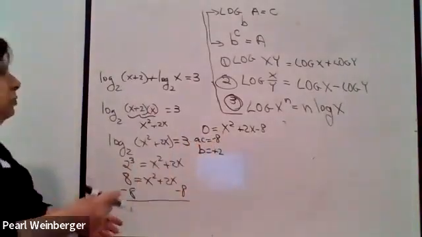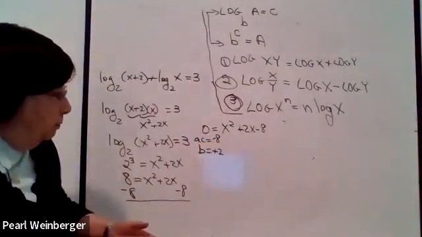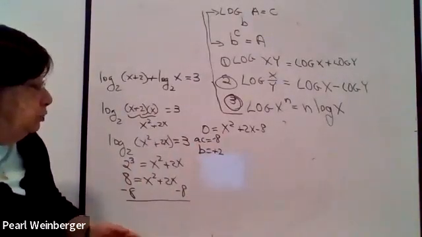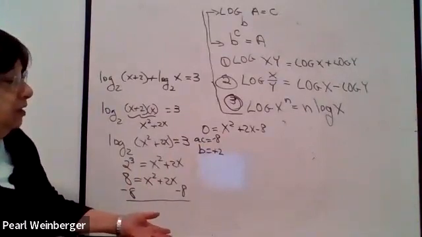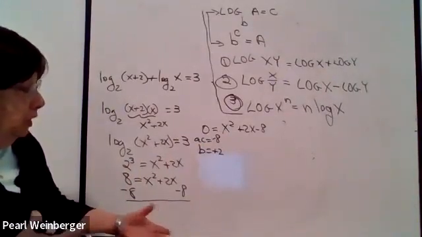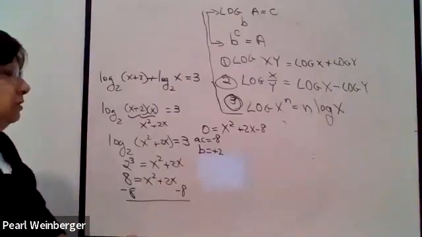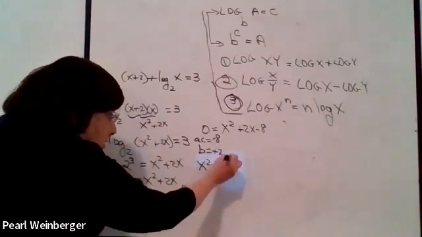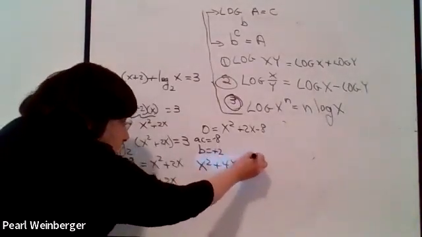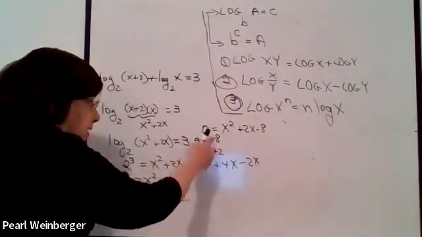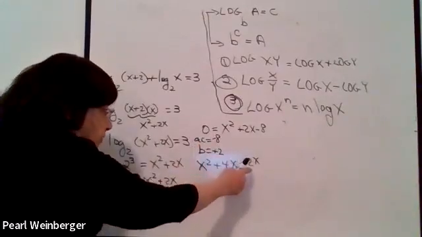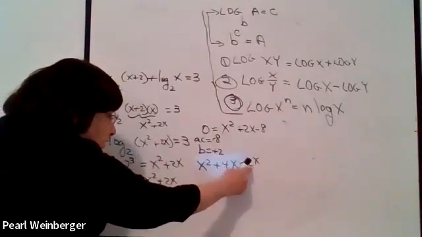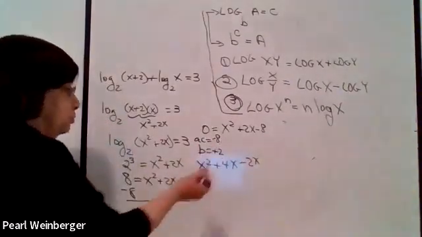So what numbers multiplied give me negative 8, but when I add them, give me positive 2? I think it's obvious that the numbers are going to be positive 4 and a negative 2. Because positive 4 times negative 2 does give me negative 8, and positive 4 plus negative 2 gives me positive 2.